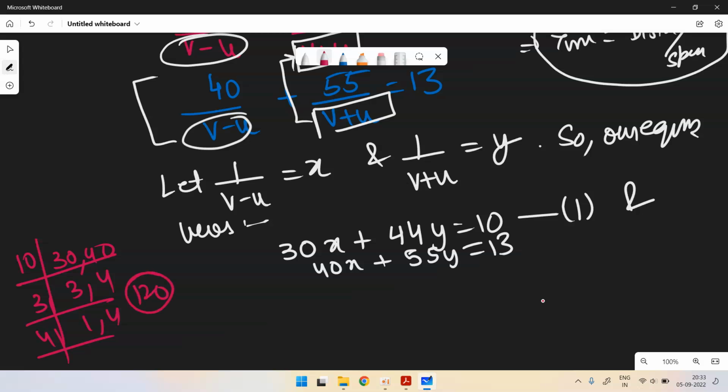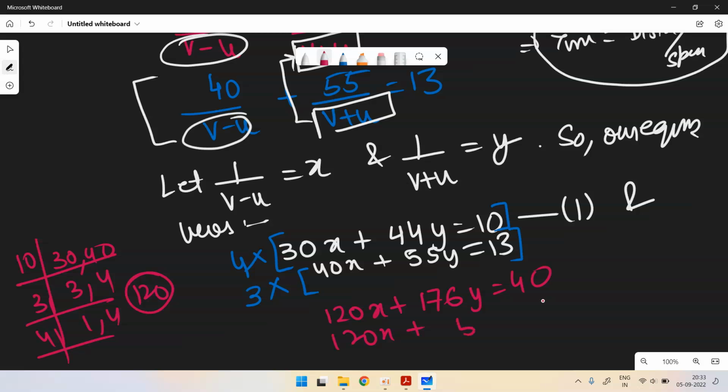For the LCM 120, the coefficient of x is 30. To make it 120, you multiply equation 1 by 4, and for 40 to become 120, you multiply equation 2 by 3. Doing the calculation, we get 120x plus 176y equal to 40, and 120x plus 165y equal to 39.